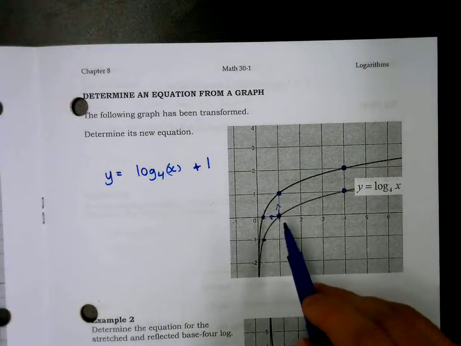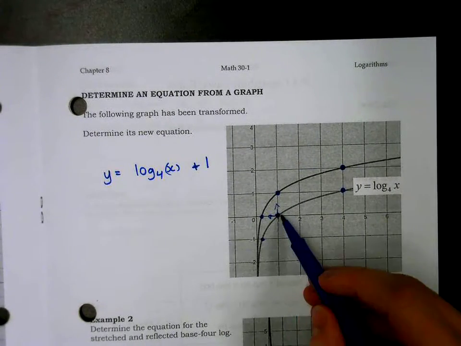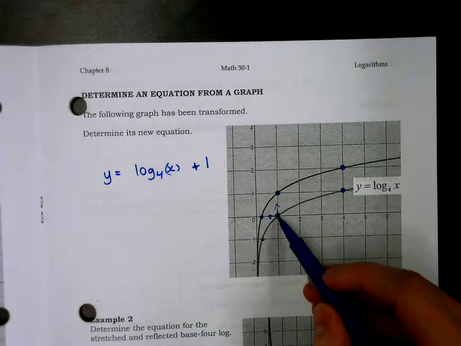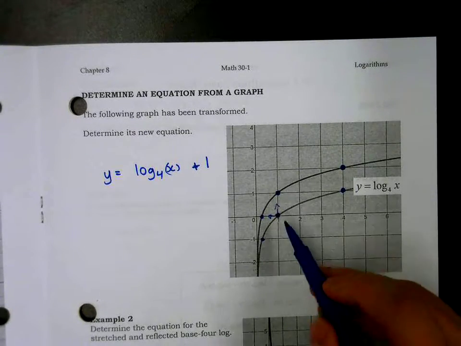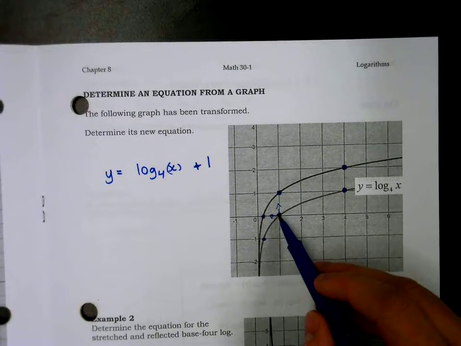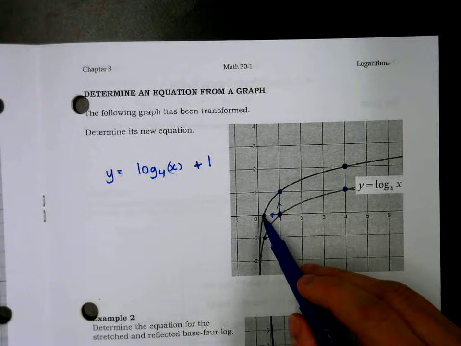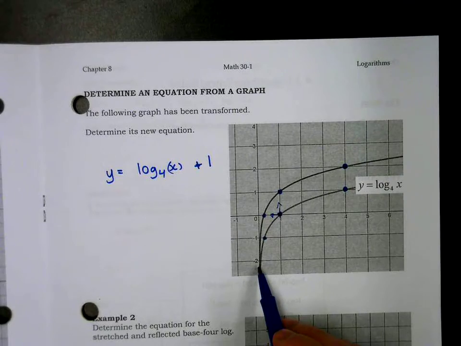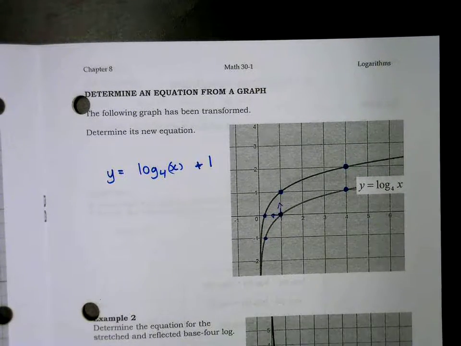So you can tell sometimes by looking at this location 1, 0, and whether that has actually stretched up, or maybe shifted. If your vertical asymptote has also shifted, maybe it's a shift, but it looks like this was a vertical shift up.